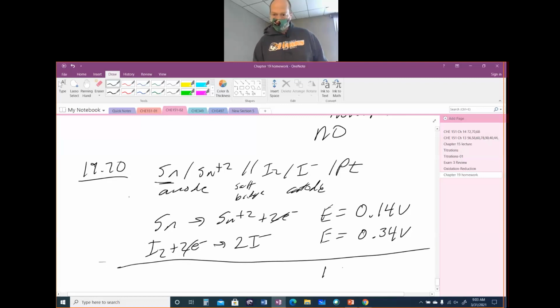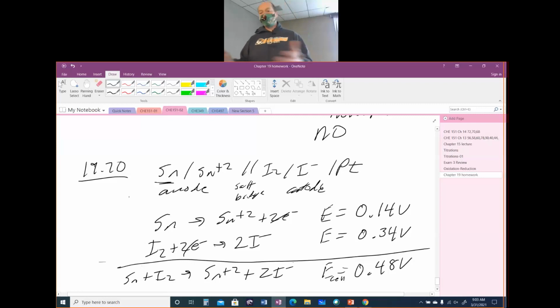You simply add the E values and you get 0.48 volts. So your cell voltage is 0.48 volts. This should be a very easy question. Sn plus I2 goes to Sn plus 2 and 2I minus. There's your cell reaction, and there is your cell voltage.